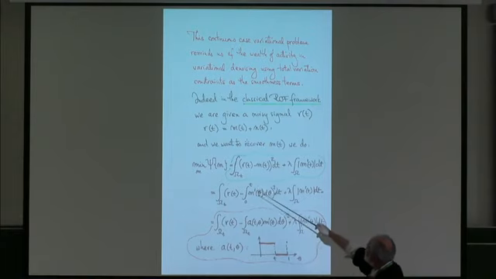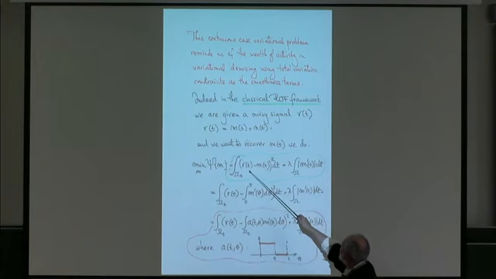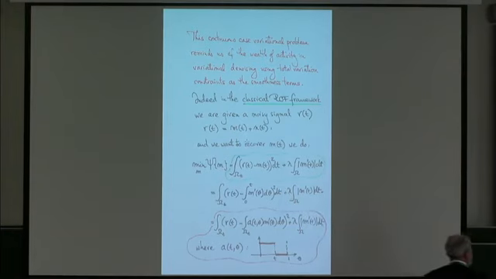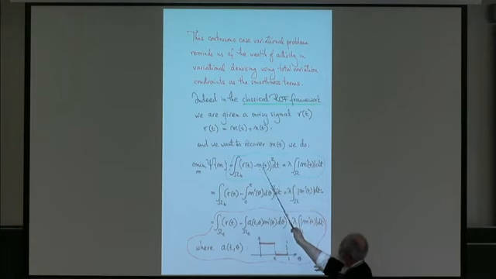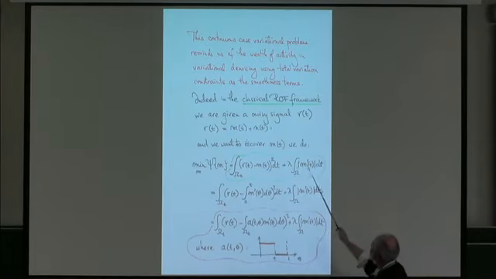What you want to do is recover m, and therefore you minimize over all possible m's the closeness, the distance between the received signal and the candidate for your minimization, plus lambda times the smoothness prior.